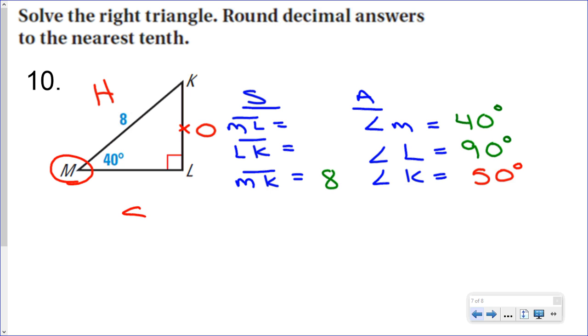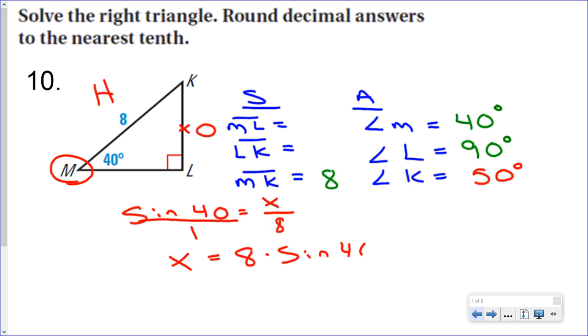So I'd have sine of 40 degrees equals the opposite over the hypotenuse. I like to solve using proportions, so I'd have 1x equals 8 times the sine of 40. I'll punch that in. I'm coming up with 5.1.